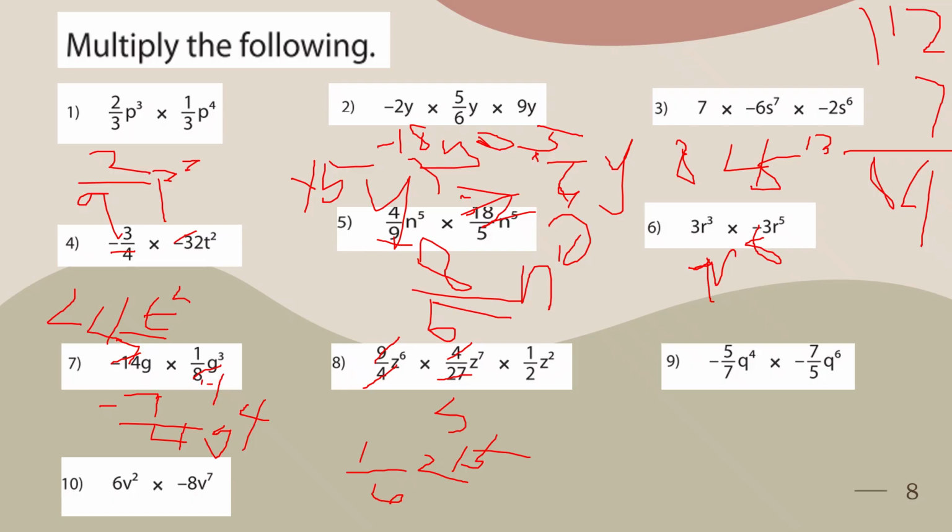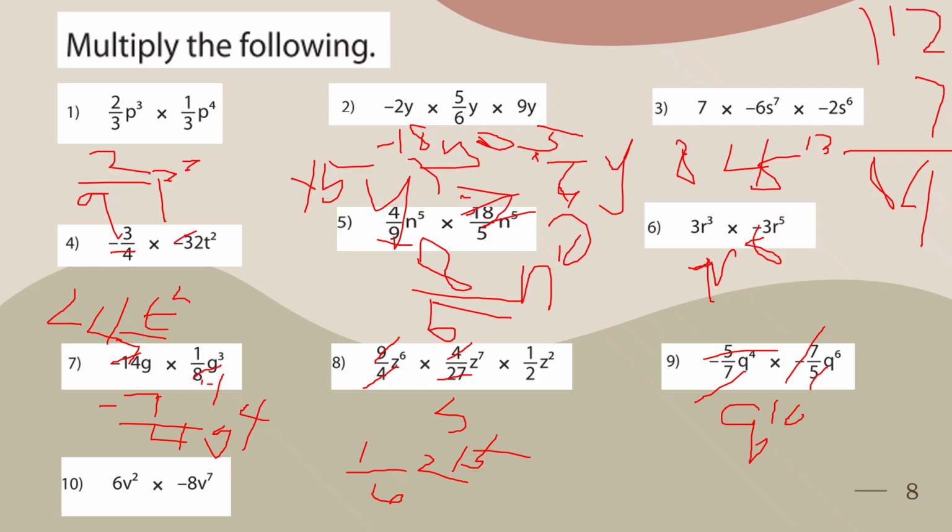Okay. Then here we cancel this one. This one is cancelled. The final answer is q, 4 plus 6 is 10. q to the 10 is the final. And we have here 6 times 8 is 48.